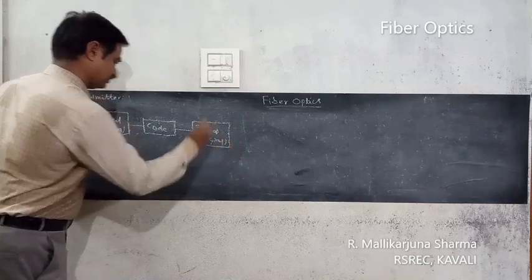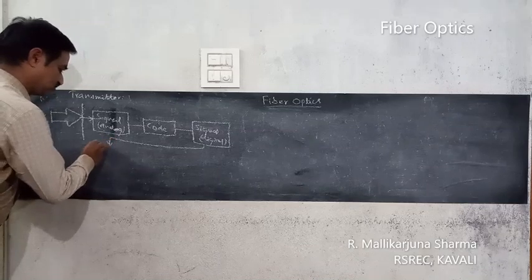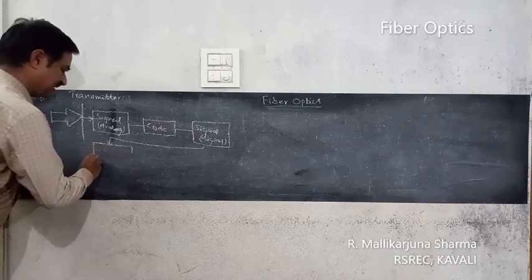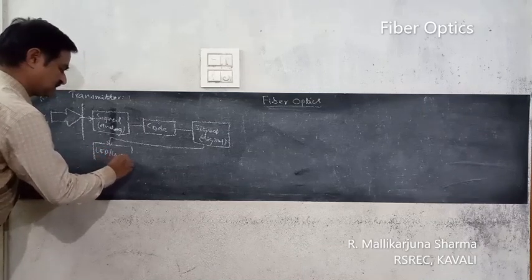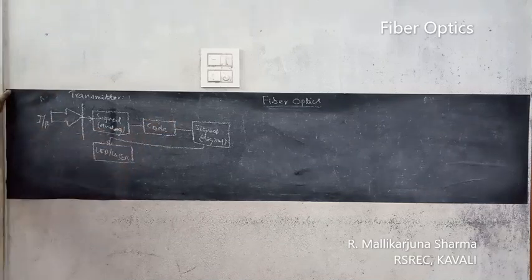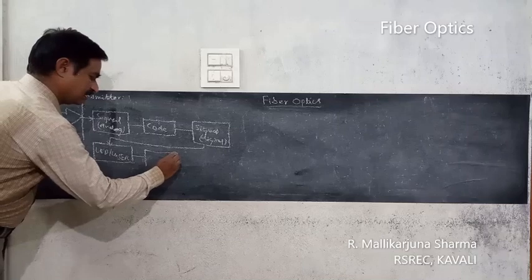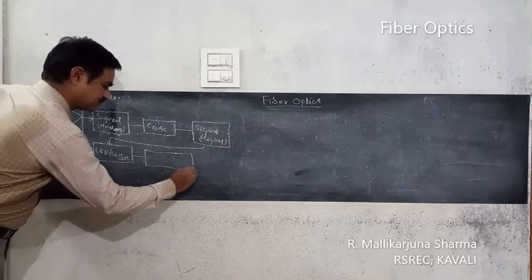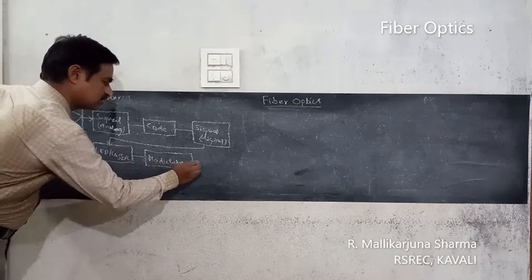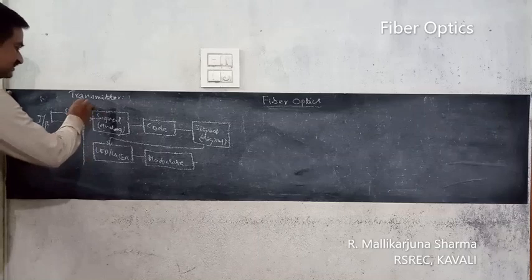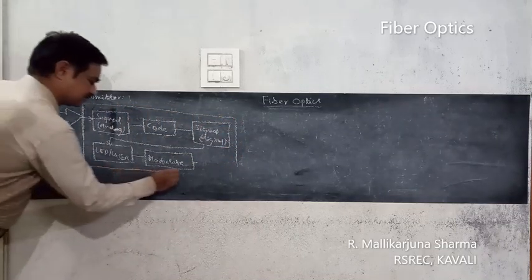Then we feed this to a light source, an LED or laser, so that the signal is converted into a light signal. Then we go to a unit called the modulator. Modulate means to bring change, because we are talking about signals that are visible and audible for us.